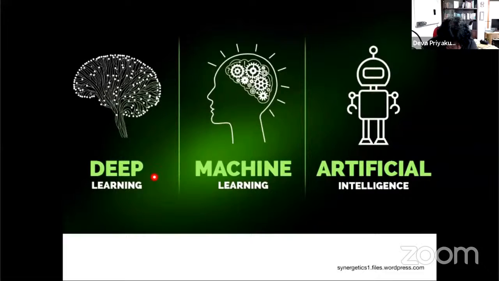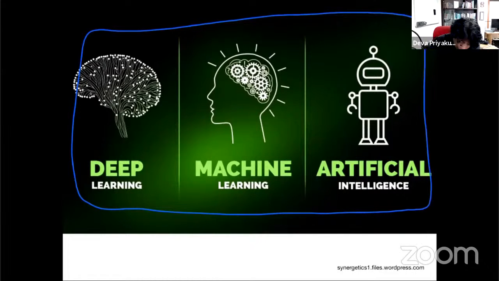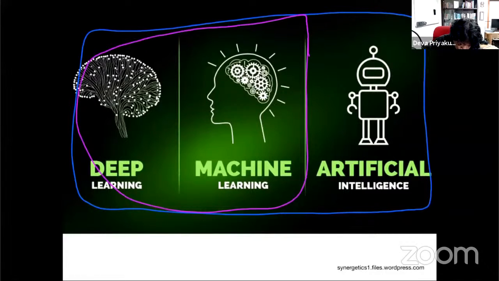You have these deep learning, machine learning, artificial intelligence based methods, right? So what are these things? Artificial intelligence is a whole area, so the whole thing is artificial intelligence. A subset of artificial intelligence is deep learning and machine learning methods.